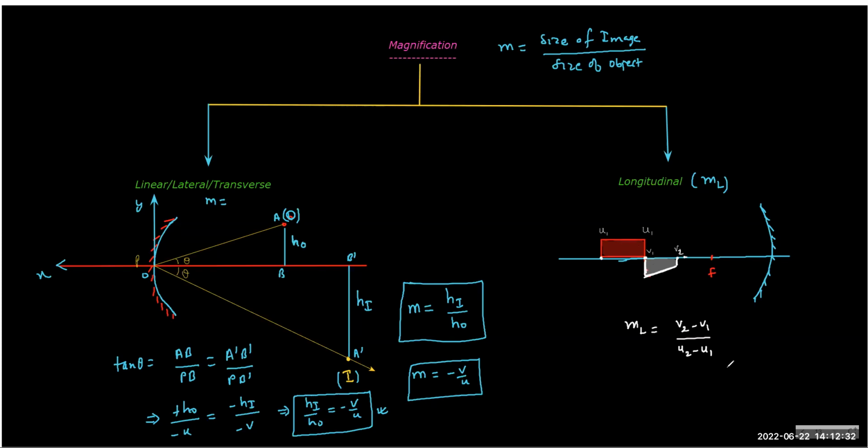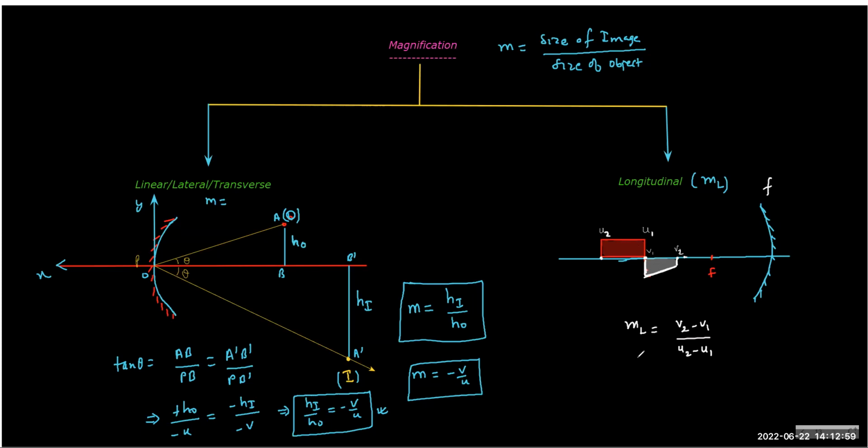Just need to check the distance, how far. So the nearest distance from the pole, the farthest distance from the pole, take the difference, and also take the difference of the image in a similar order, and take the ratio. That will be called longitudinal magnification. Now this is very important in certain situations.